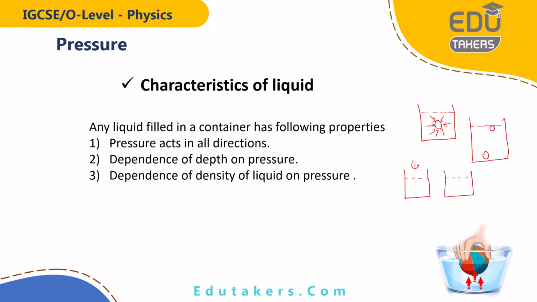First container has density, let's suppose it has density 1000 kilogram per meter cube. Second container has density 1500 kilogram per meter cube. So both of these liquids have different density. Which one of the following liquids exerts the larger pressure? It means that the pressure of the liquid also depends upon the density of the liquid.